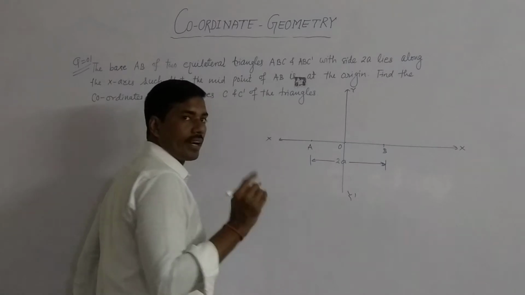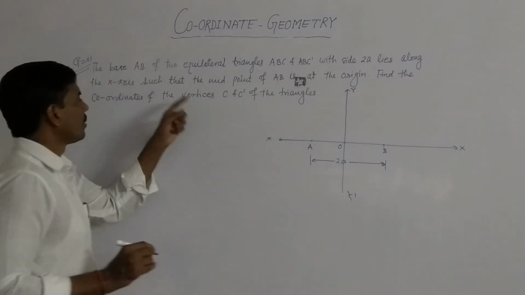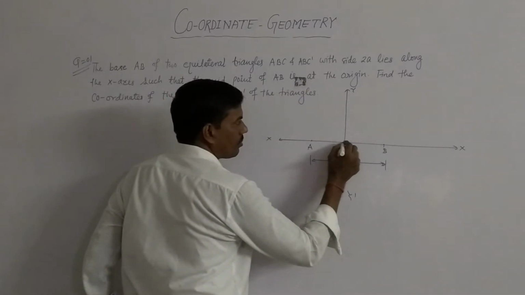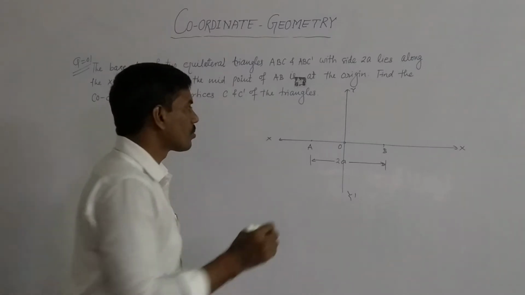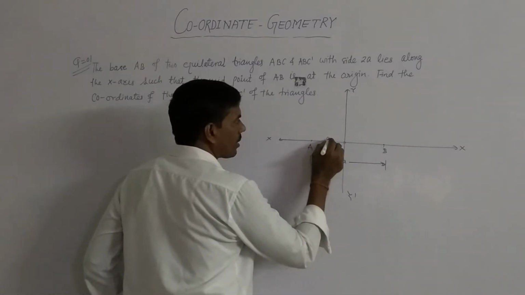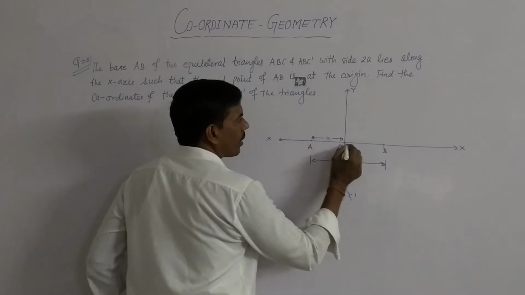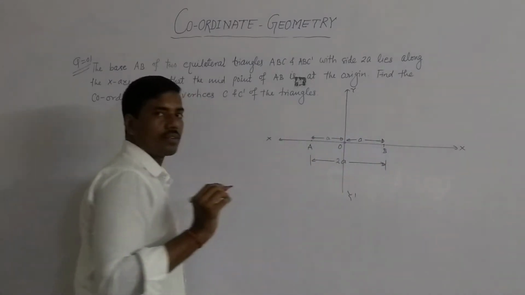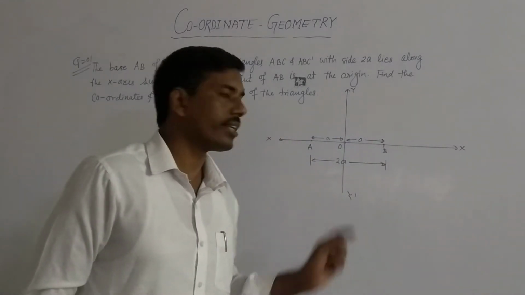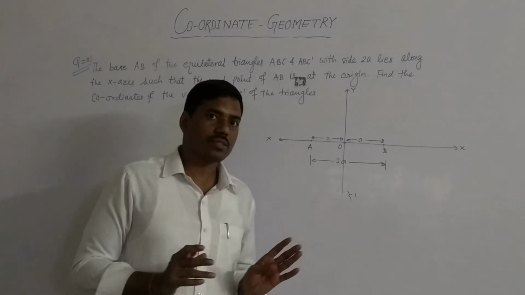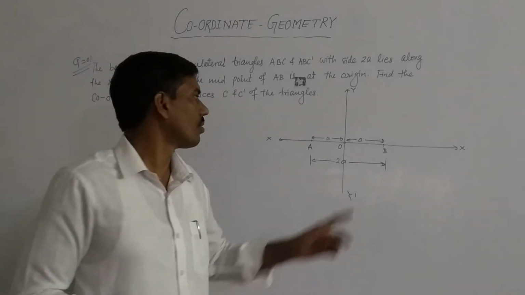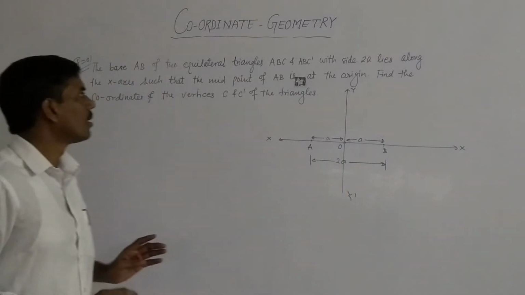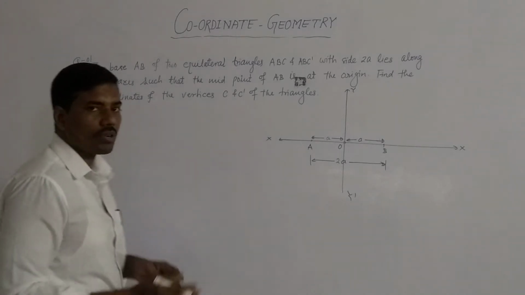Since in the question the midpoint of AB is at the origin, OA is a unit and OB is a unit. Clear? Since O is the midpoint of side AB and the midpoint coincides with the origin, AB is along the x-axis, and so we have to draw the equilateral triangles.